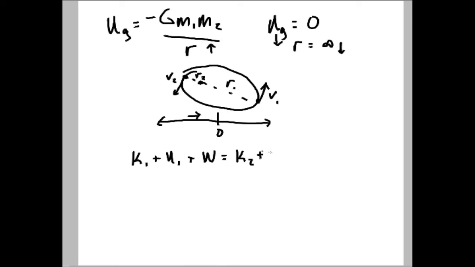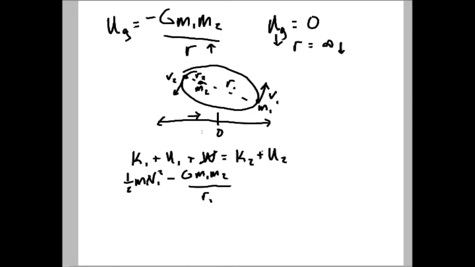Okay, so I can cross off work, we can neglect any friction out here in our universe, and the kinetic energy is still just going to be K, or 1/2 m. We'll call this planet m1, and then our sun, we'll call it m2. So 1/2 m1 times v1 squared, now it's going to be minus G m1 m2 over r1.